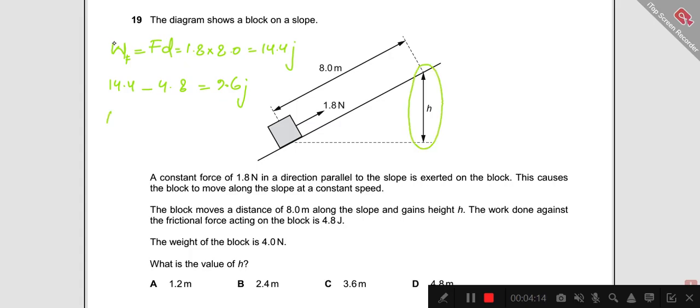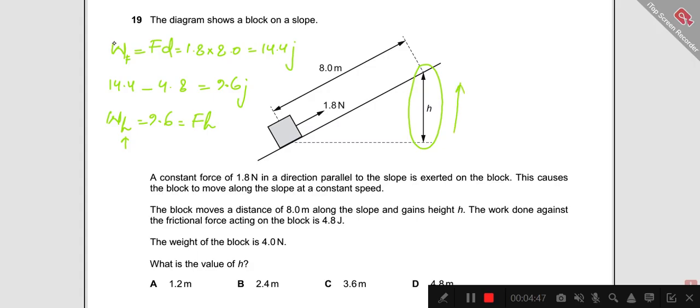If the work done to move an object along the height h was 9.6, this should equal the force times the displacement, which in this case is this height, right? Whenever we use the formula for work done, the force and the displacement should be along the same direction. Height is vertical.